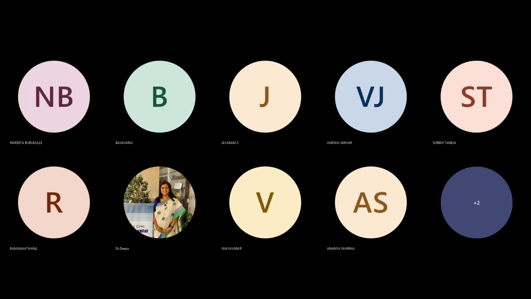Can you explain the renin-angiotensin-aldosterone system, please? Yes, ma'am. The renin which is secreted by the juxtaglomerular apparatus is stimulated by hypovolemia. Whenever there is hypovolemia, this renin converts the angiotensinogen which is produced by the liver to angiotensin 1.